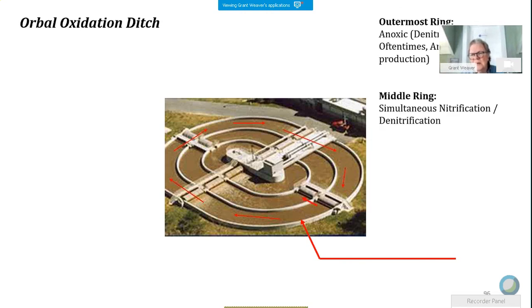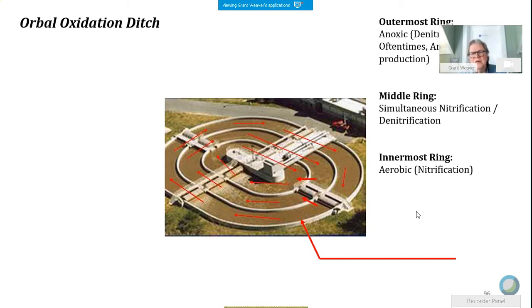The middle ring, the flow moves into the middle ring and then also goes around that ring. As it does, there's a little more oxygen and enough to get some ammonia removal, but not so much that it can overwhelm, that it has a real high dissolved oxygen. And then typically the innermost ring has a high dissolved oxygen, and look at all those arrows, huh?